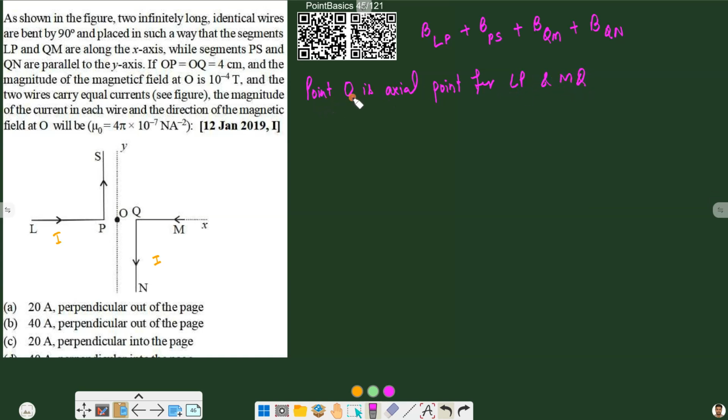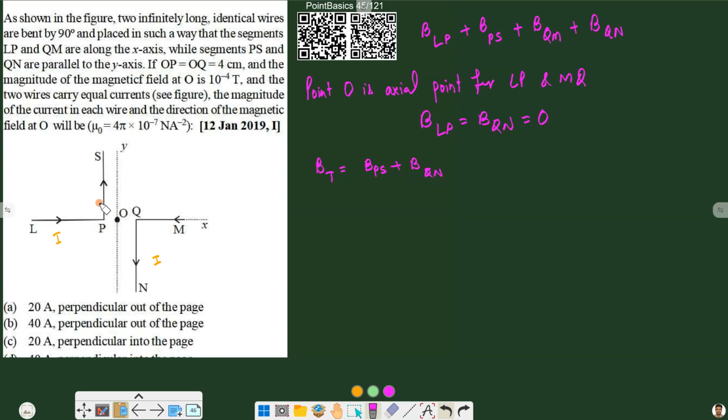So at point O, due to LP and MQ, magnetic field will be 0. So B_LP is equal to B_QM is equal to 0. Now coming to the remaining two, our total field will be reduced to magnetic field due to PS plus magnetic field due to QN.